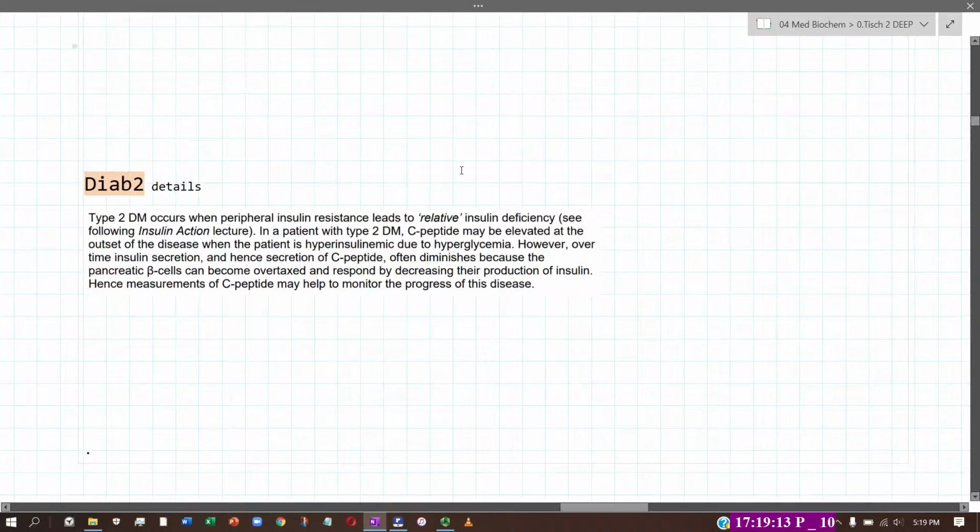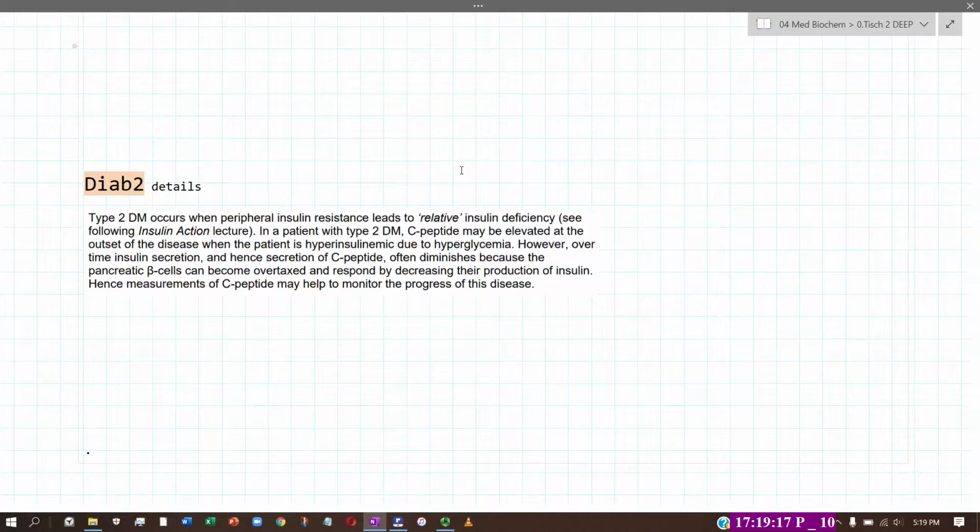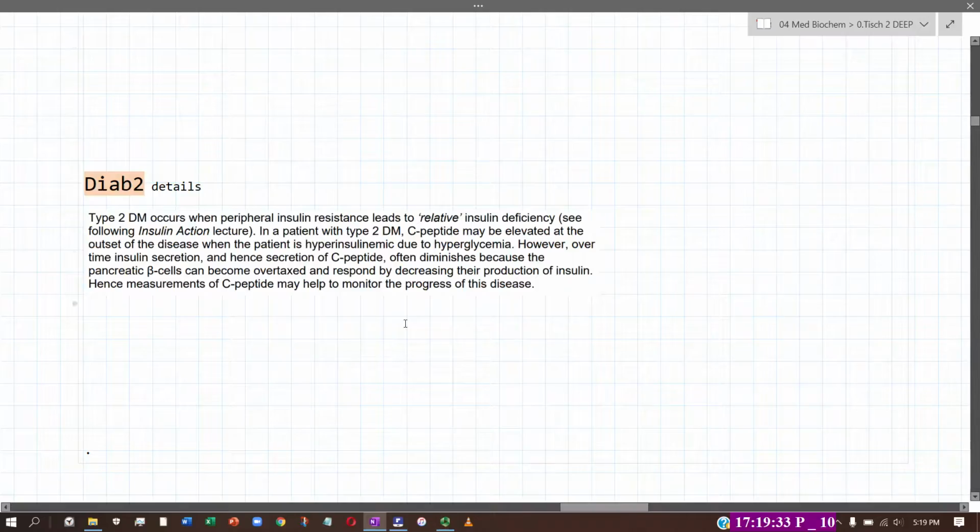Type 2 diabetes mellitus occurs when peripheral insulin resistance leads to relative insulin deficiency. In a patient with type 2 diabetes mellitus, the C-peptide may be elevated at the outset of the disease when the patient is hyperinsulinemic due to hyperglycemia.